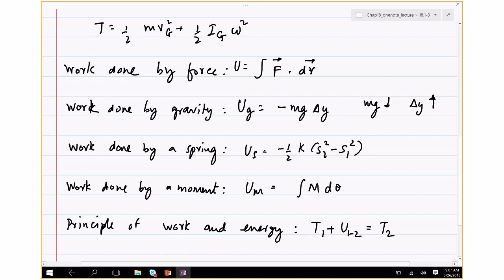So there's no change in this formula. This is true for rigid bodies, not just particles. Those work formulas are the same, all three. The only change is that the kinetic energy T now includes the half I omega square part due to rotation, and the half m vG square part due to translation. So the idea is the same, nothing new, except the formulas, particularly that kinetic energy formula, have changed.